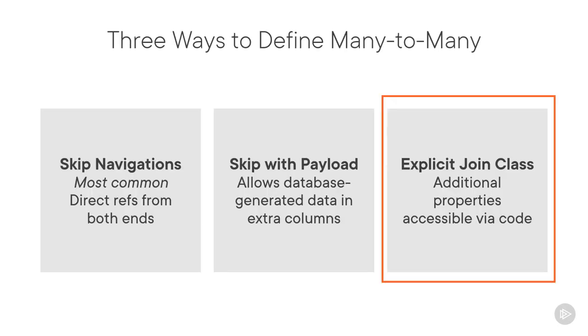The final way to define a mapping has also existed through the entire history of Entity Framework and Entity Framework Core. Rather than ask EF Core to handle the join internally, you design your classes similar to how the database is structured, with an explicit class that connects the two.